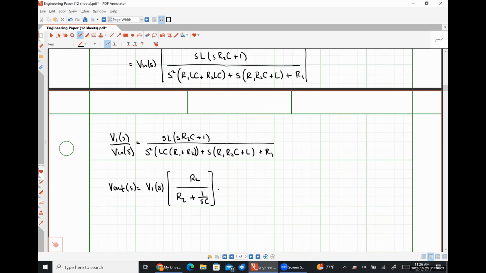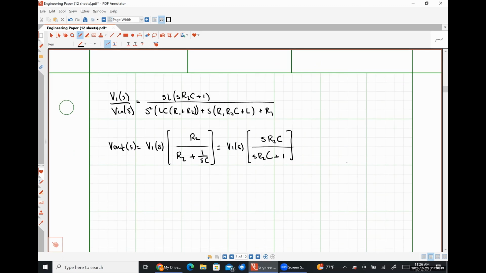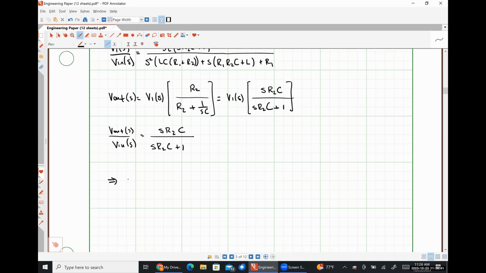Multiplying by SC over SC gives me V1 times SR2C over SR2C plus 1. And so my transfer function for this stage is just SR2C over SR2C plus 1.